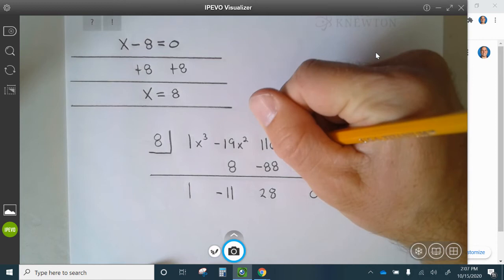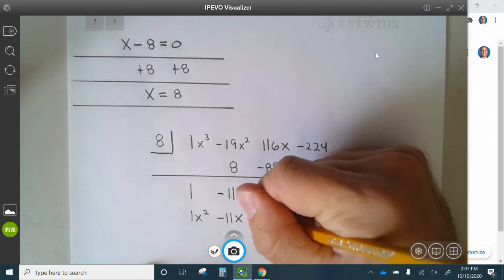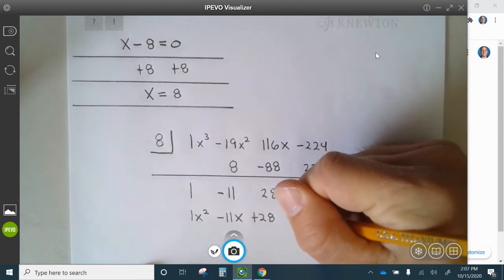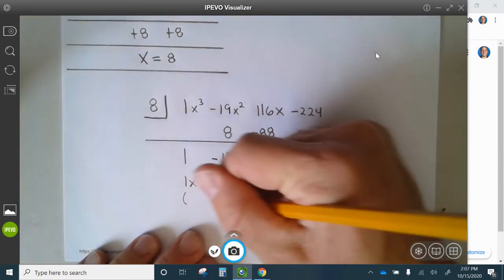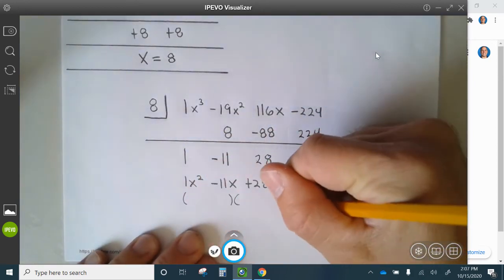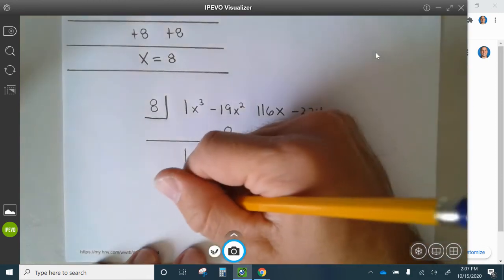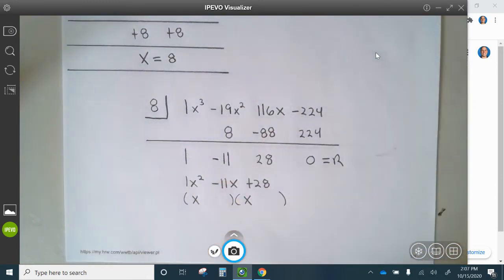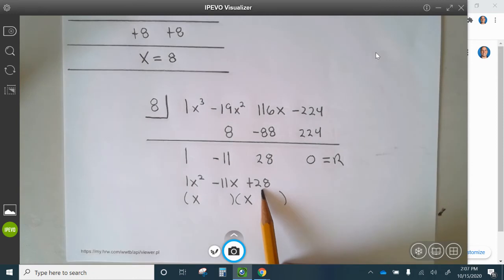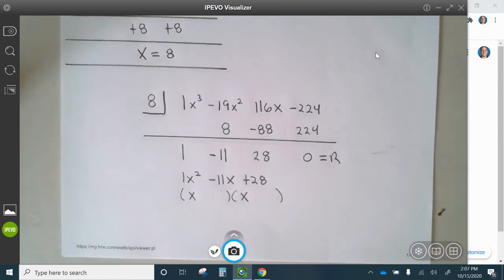So this becomes 1x squared minus 11x plus 28. The factor, we know it's 2 parentheses. x and x make x squared. Now we need to find two numbers that multiply to give you 28, but combine to be negative 11.